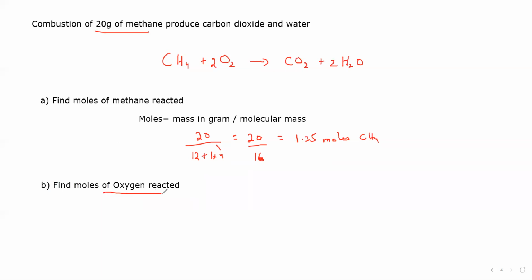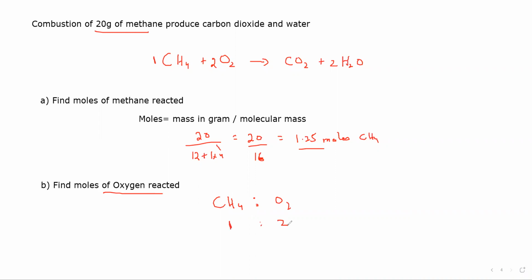If we don't know anything about that substance, what will we use? We will use a ratio. Which ratio will we use? Because we know the moles of methane, we will use the ratio of methane and oxygen. According to the equation, if one methane is there, how much oxygen does it need?